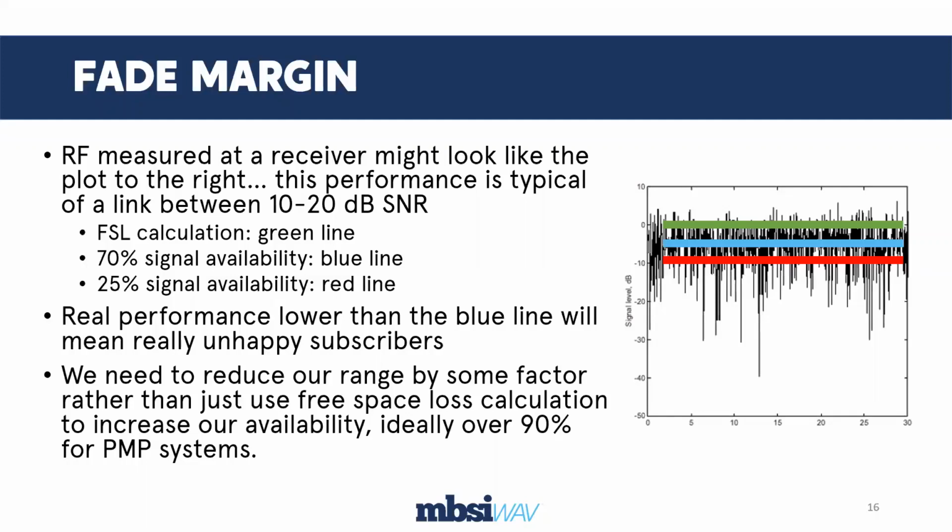At different moments in time or frequency over a broadband signal, we see some signal levels high, some lower, and everything in between. Now, the 0 dB line here in my signal input is actually my free space loss calculation.